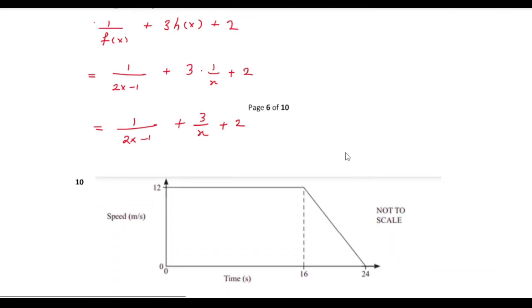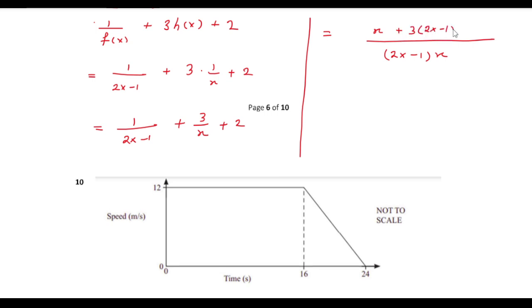To write as a single fraction, what we do, we make the denominator same. So here let us make the denominator the LCM, which is 2x minus 1 times x. So here I will apply numerator as x, plus here numerator as 3 times 2x minus 1, and here 2 will be written as 2 times x times 2x minus 1.